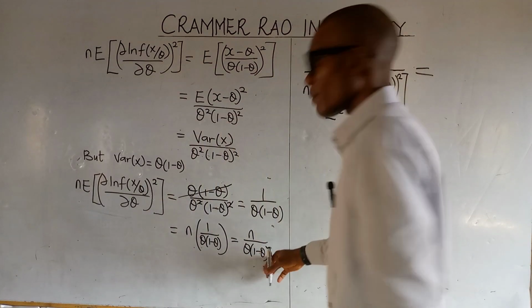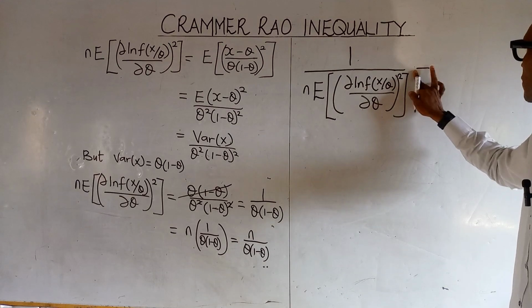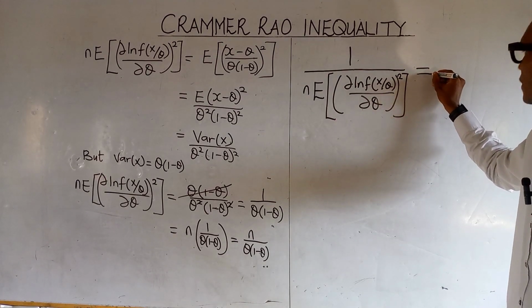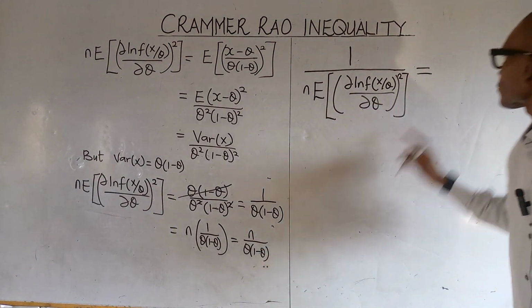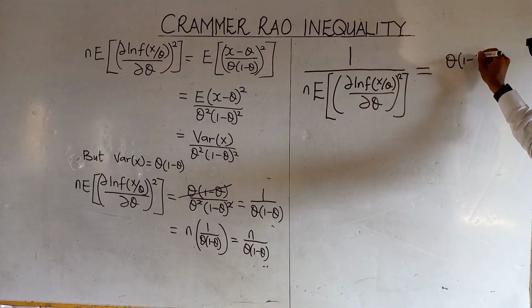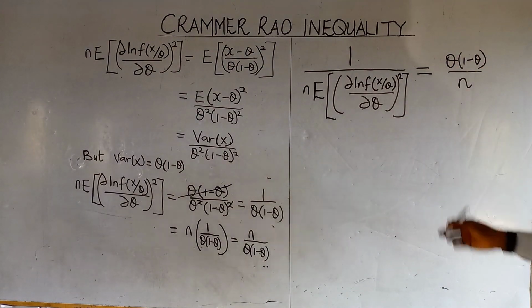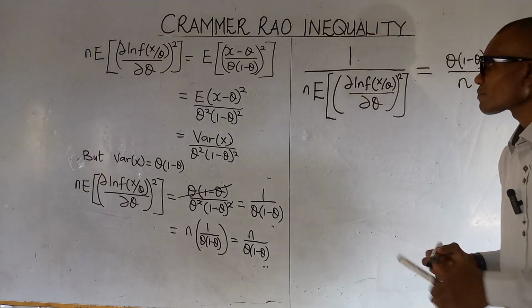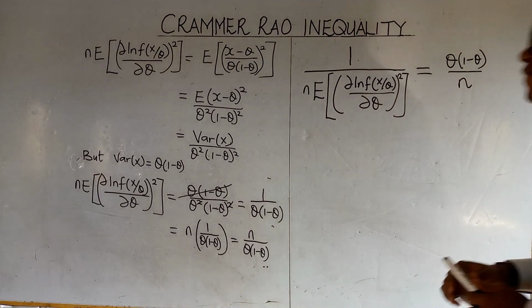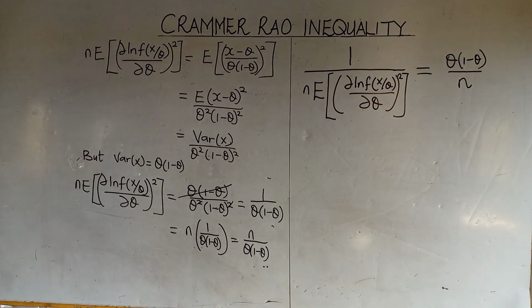Because of this inverse, our answer becomes theta (1 - theta) over n. So this becomes our answer. That is how we can compute the minimum variance unbiased estimator for the Bernoulli distribution.